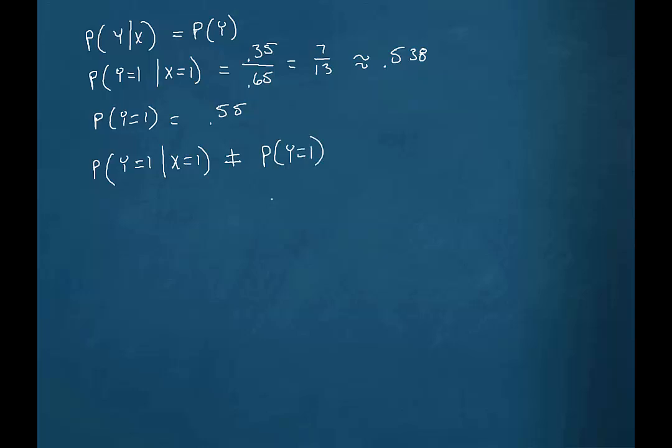If we are going to show independence, we'd have to show that each case works out, that they would be equal. But if we are going to negate independence or show that they are dependent, then we really only need to show one case, which we can see here. These things are not equal. Therefore, the random variables X and Y are dependent.